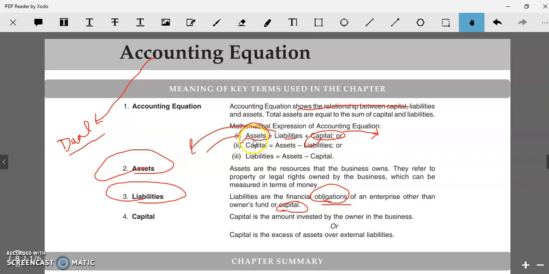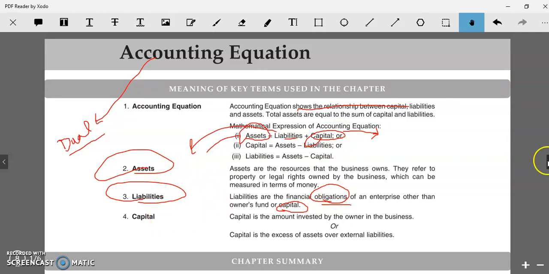That's why it would be called assets equal to liability plus capital. Assets are our own resources, any kind of rights which you are owning and have with you. If you are putting your money into business by purchasing different kinds of assets, that becomes your accounting equation. So assets we understand, liability we understand, capital we understand.